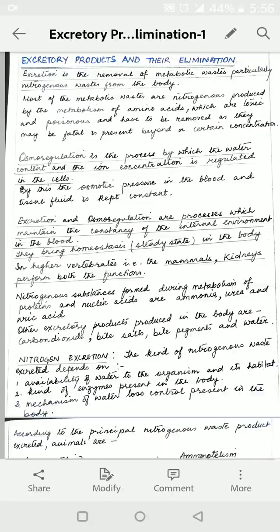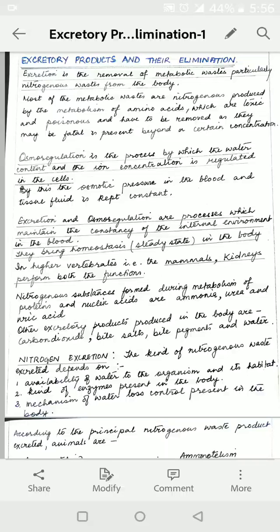Now, the food that we eat is digested, it is absorbed by the blood, and then it is distributed throughout the body. When this food is broken down in the tissues, many toxic and poisonous substances are produced. These have to be removed because they may be fatal if present beyond a certain concentration.